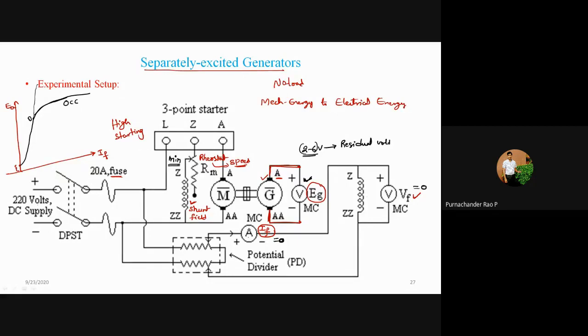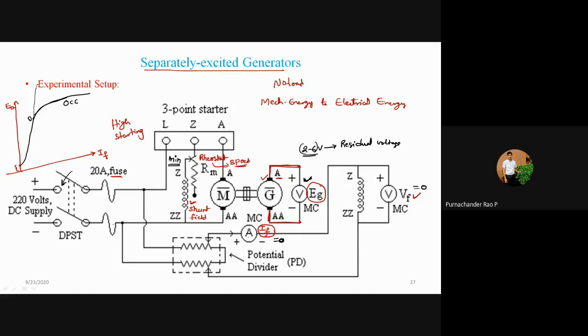Here I am directly telling you that 2 to 6 volts is obtained, but we have not started the motor yet. This voltage is also zero at the time of starting. So initially the supply is given to the DPST switch, and now you close the DPST switch.